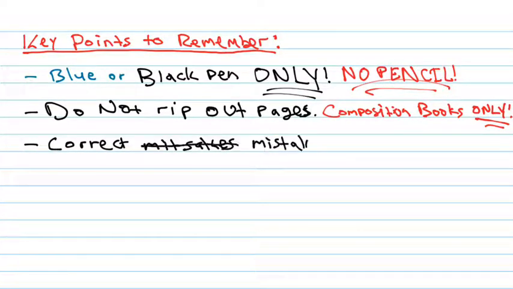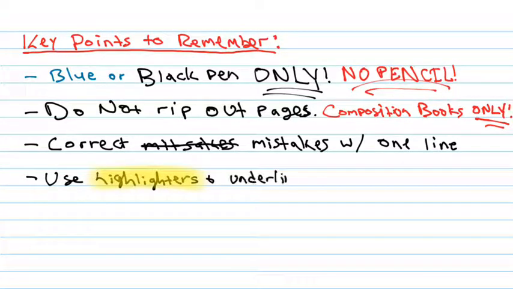And if you make a mistake, notice how I just put a single line through it and I kept writing the correct spelling right after that. So don't use whiteout, don't use scribbles, don't use black magic marker to black out your lab notebook. You have to remember, your lab notebook is a legal document, so you're responsible for anything that you write inside of it.